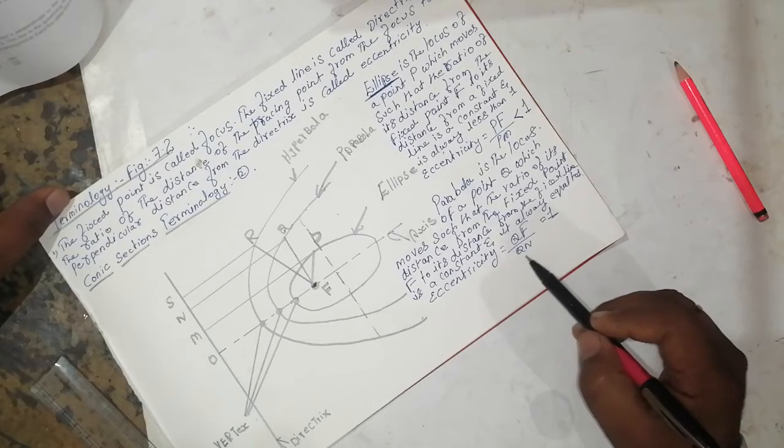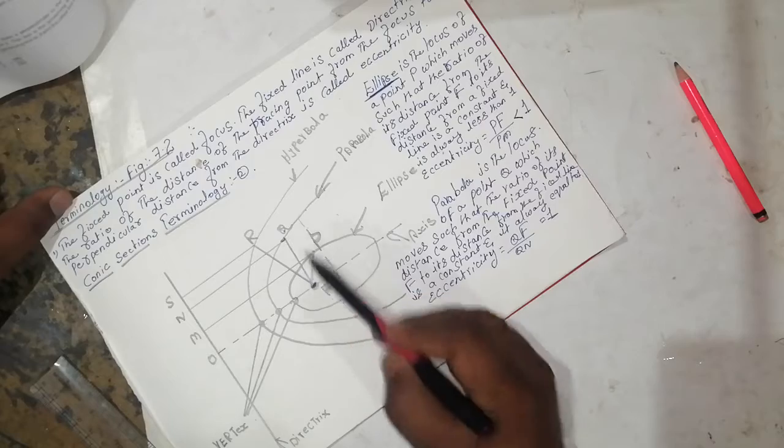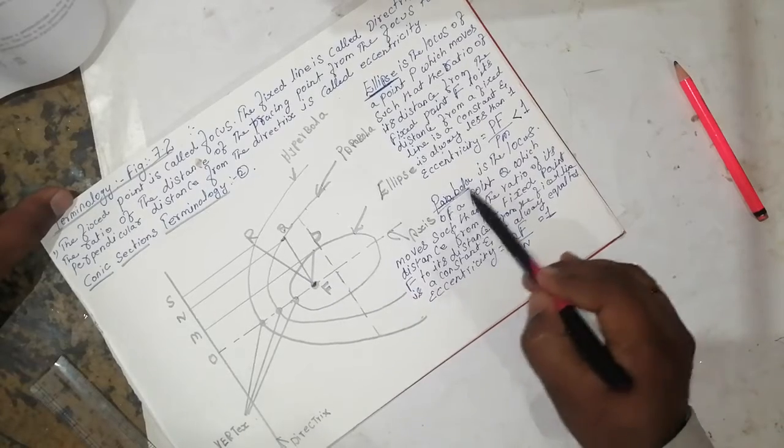This is the second point. This is called a parabola.